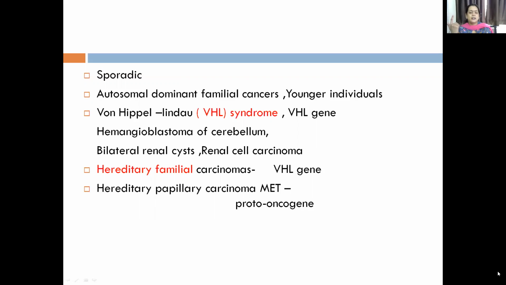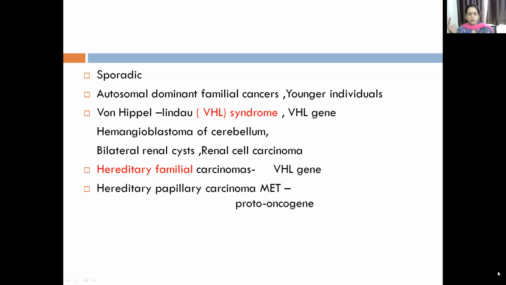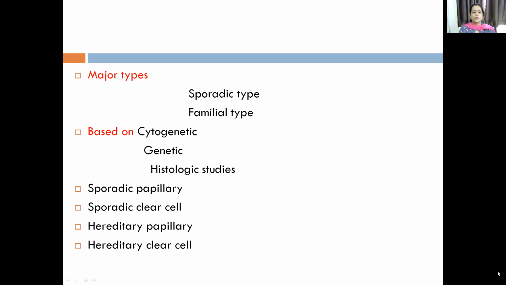Second one is hereditary papillary carcinoma that is associated with the MET proto-oncogene, and hereditary familial carcinoma is also associated with the TSC gene, that is tuberous sclerosis. So I told you, you have to do cytogenetic studies, genetic and histological studies to know the type of the renal cell carcinoma.